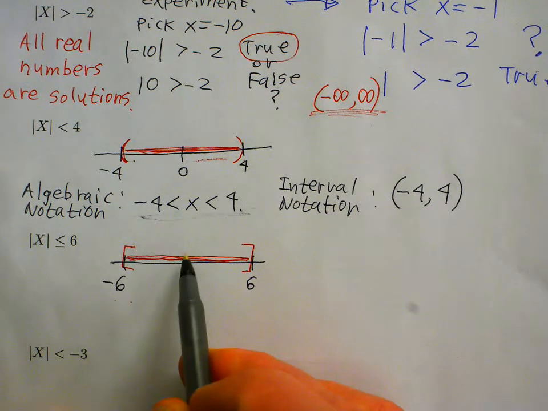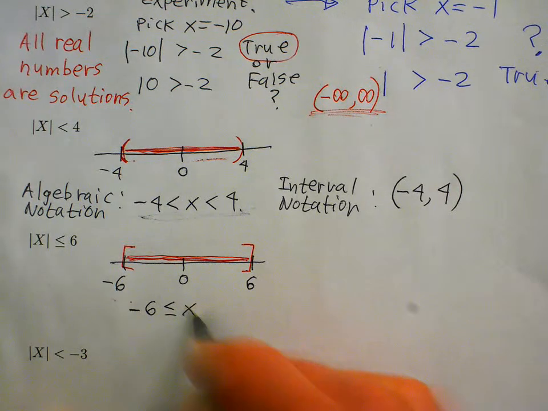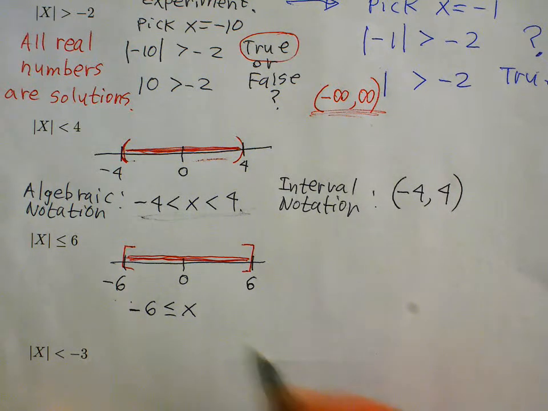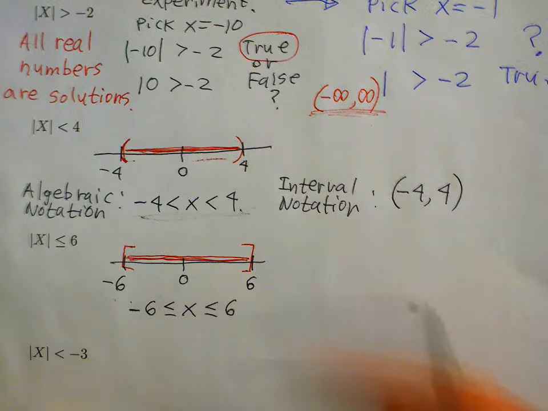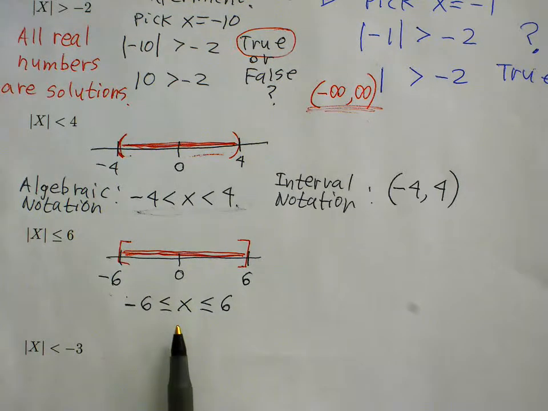Okay, so the algebraic notation: if x is in that interval, then we can write -6 is less than or equal to x, which is less than or equal to +6. So once again, I'll just mention that this compound inequality, -6 less than or equal to x less than or equal to 6, is two inequalities combined with the word and.